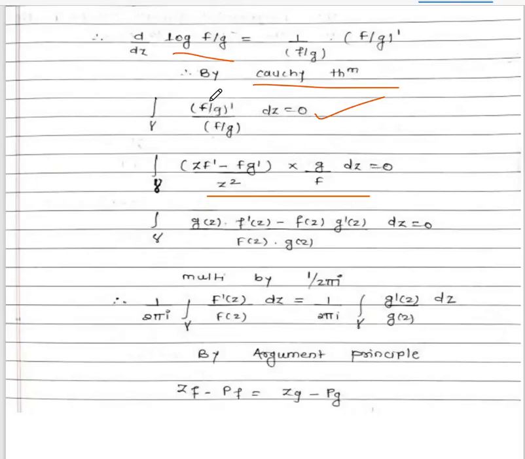What we have seen here is by using Cauchy's theorem. What is Cauchy's theorem? The integration over gamma of (f by g) dash divided by f by g dz equals 0. Taking the derivative of this term, it can be written as g f dash minus f g dash divided by g square into g by f.